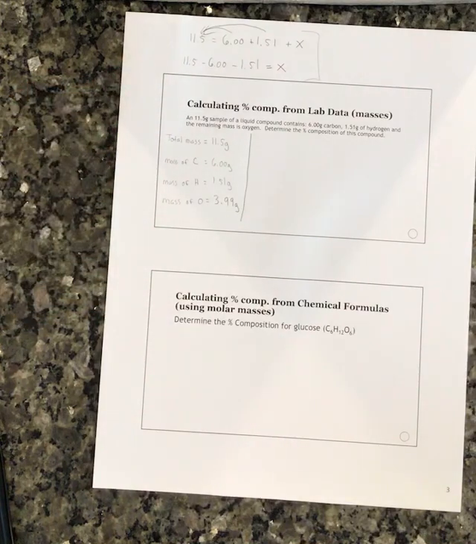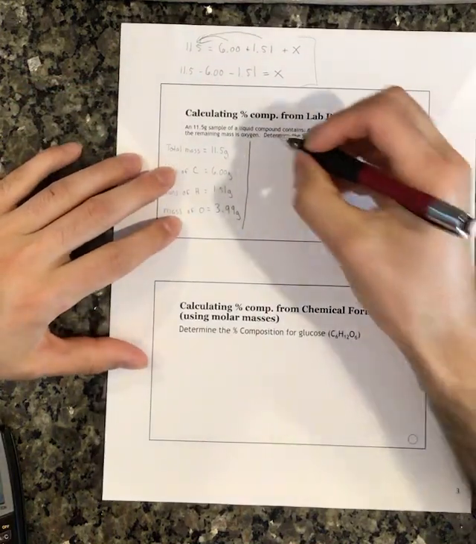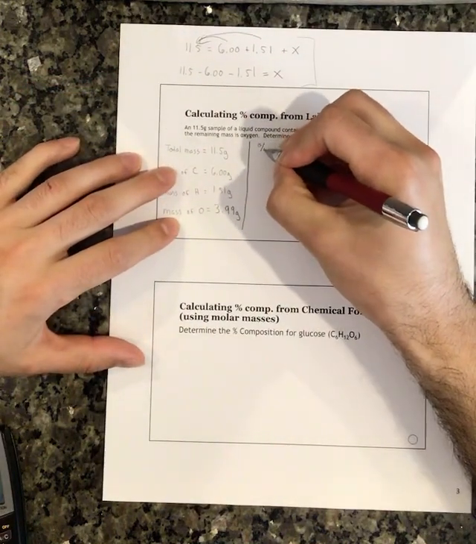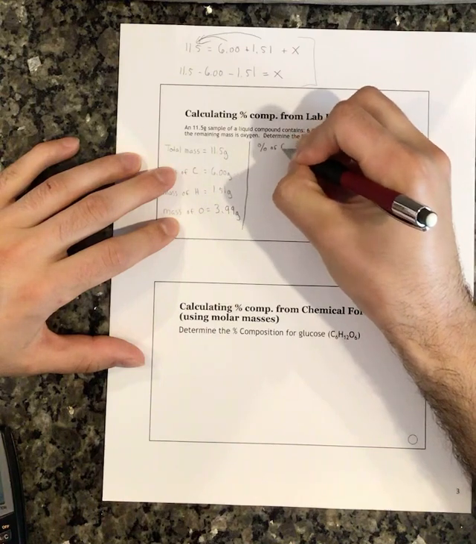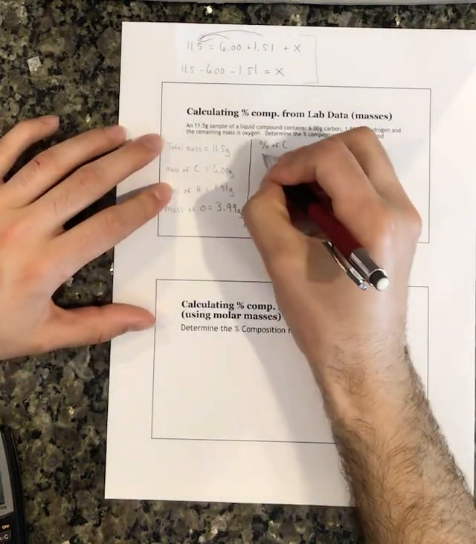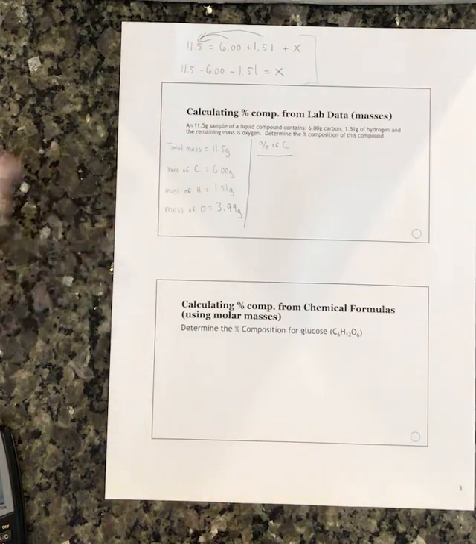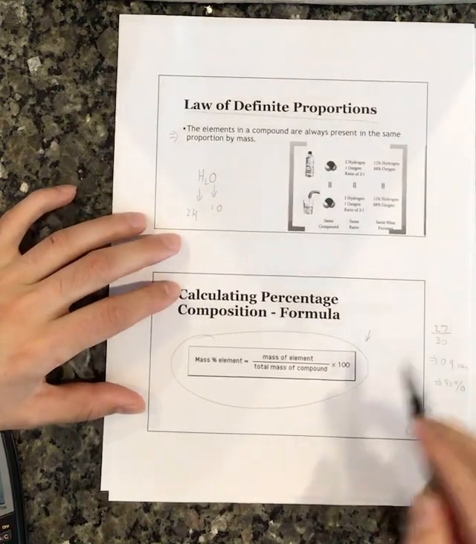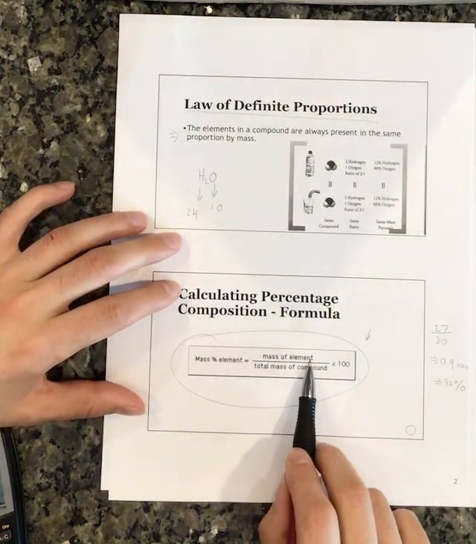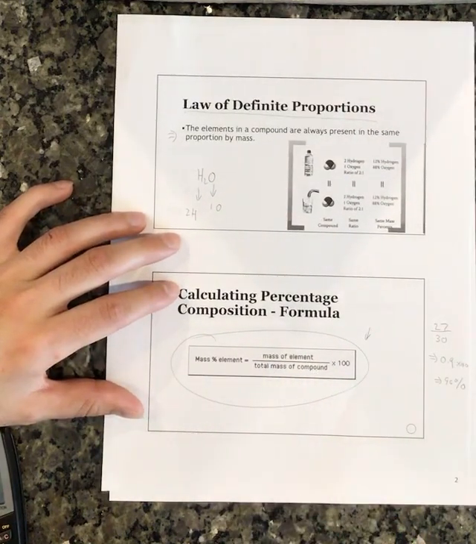Now, our next part, we're going to figure out what percent of carbon we have in this compound. So this is going to be my first part over here. In order to do this, we're going to use this formula right here. We're going to take the mass of the element and divide it by the total mass of the compound.